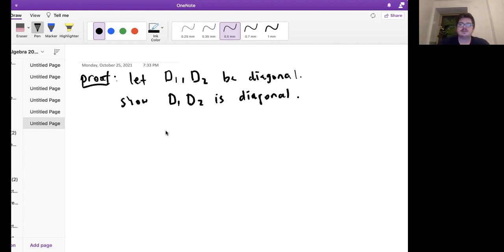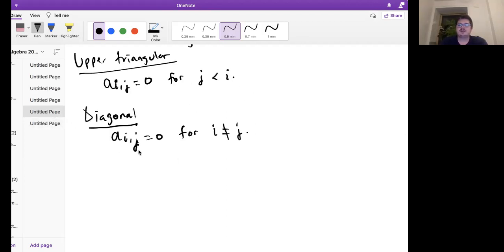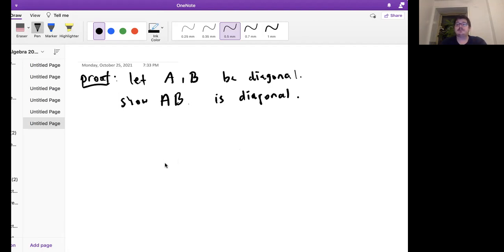Okay, so maybe for the sake of indexing, let me just say A and B. So A times B. Okay, how would you do this? So we just gave you the entry definition of a diagonal matrix. So it's where the entries that are not on the diagonal are 0. So how would you prove that the product is diagonal?